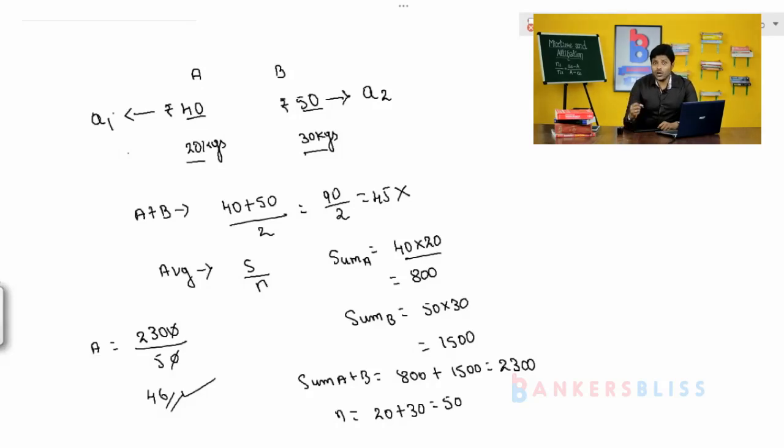Next, the quantity related to A2 is N2, and the quantity related to A1 is N1. N1 may be higher than N2 or lesser than N2, it doesn't make an impact.